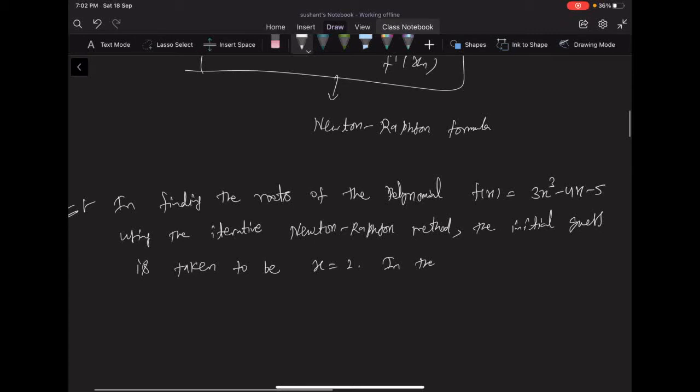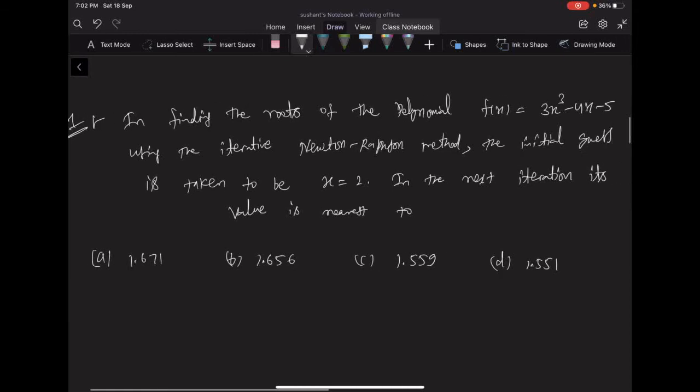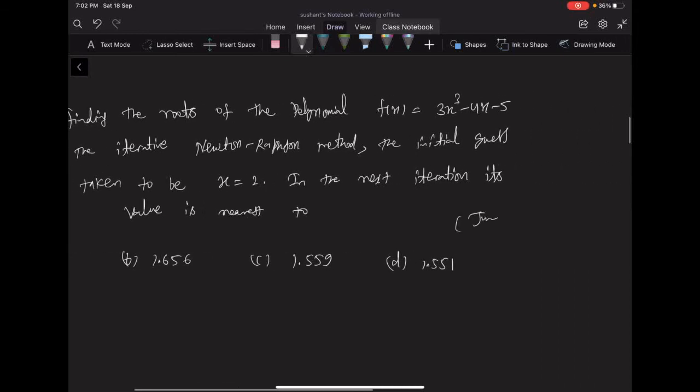In the next iteration, its value is nearest to: A option is 1.671, B option is 1.656, C option is 1.559, and D option is 1.551. This is from June 2016 NET exam.